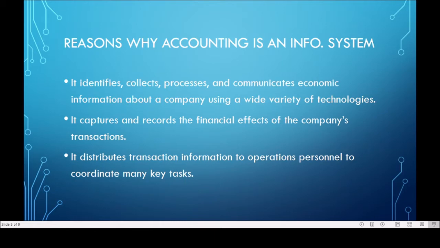And it may provide solutions in order to unify the tasks of the different departments. Okay, so that's why accounting is an information system.